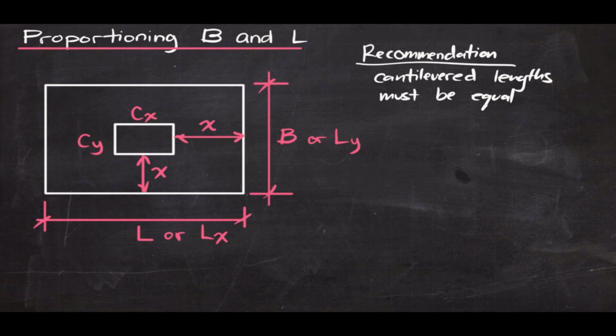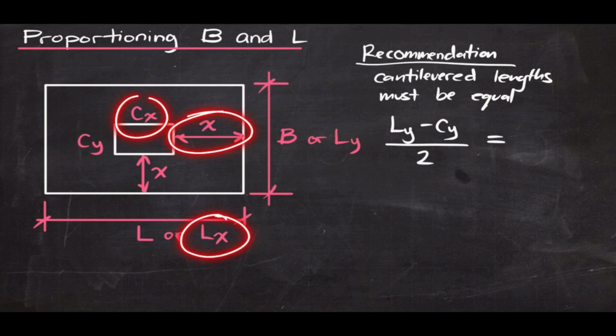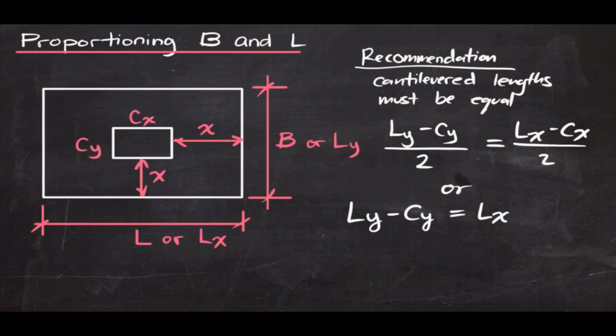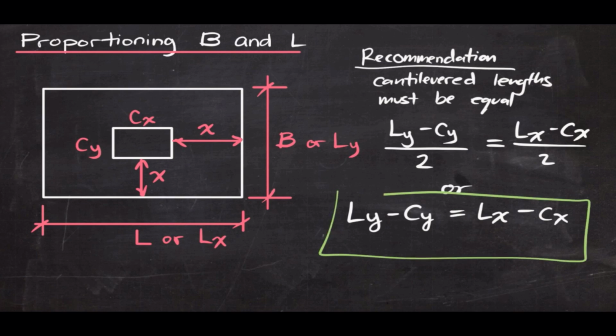Now, what I could see is this x is equal to Ly minus Cy over 2. And this must be equal to this horizontal x, which is Lx minus Cx divided by 2. Or Ly minus Cy must be equal to Lx minus Cx. This relationship is my recommendation on how to proportion B and L.